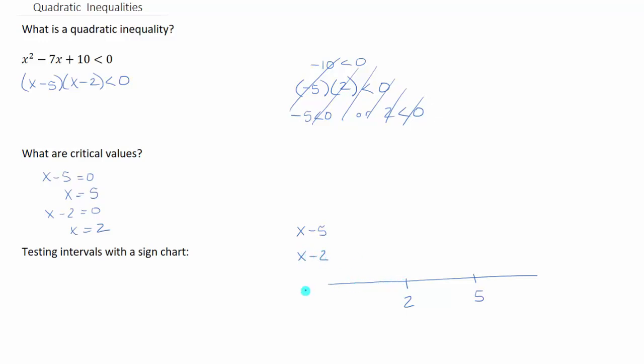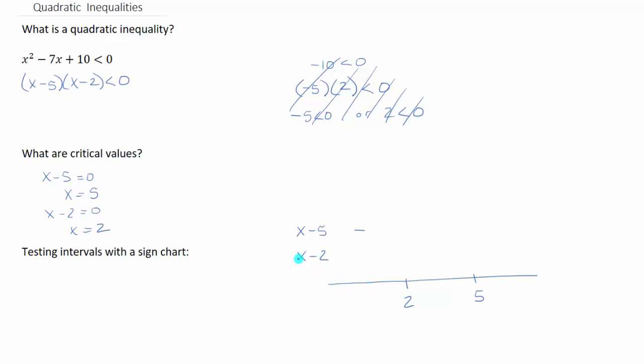Anything to the left of 2 is going to act on that polynomial in the same way. So it doesn't matter what number you pick to test over here as long as it comes from that interval. Let's say that we want to test 0. If I put 0 in for x and I subtract 5, that's going to give me a negative result. I don't really care about what the number is, I just want to know what sign that number will have.